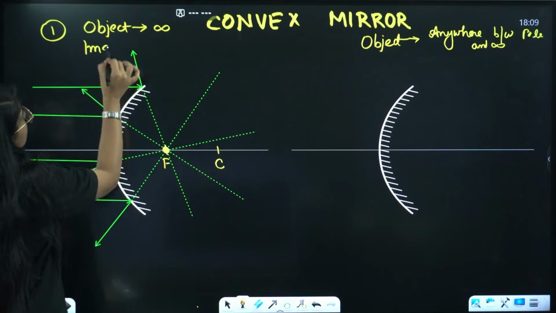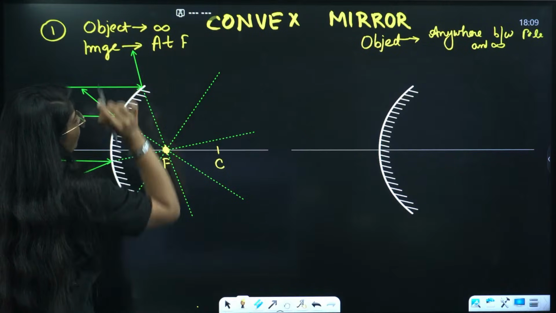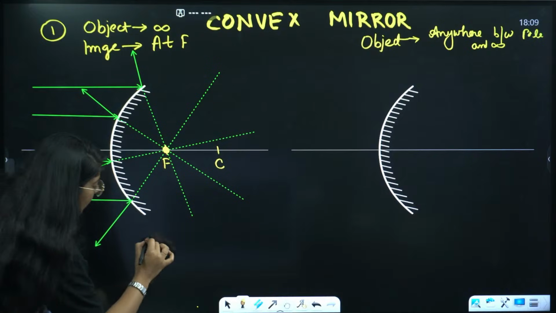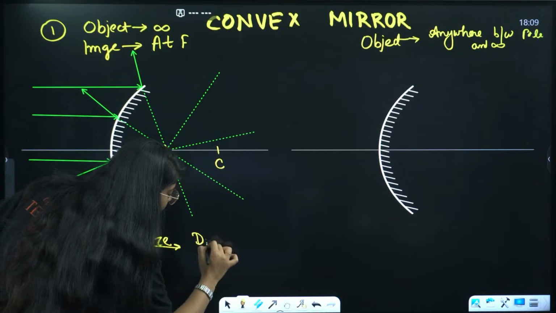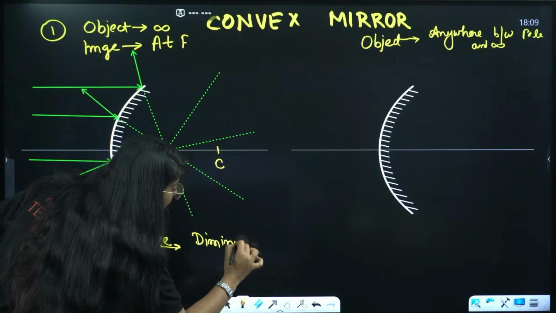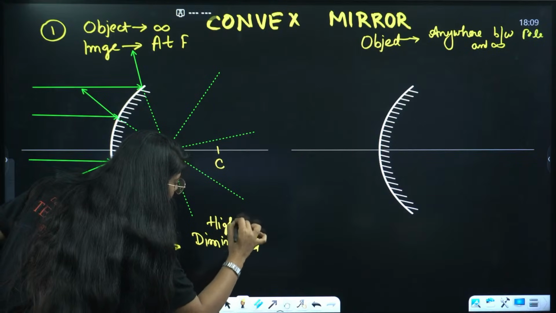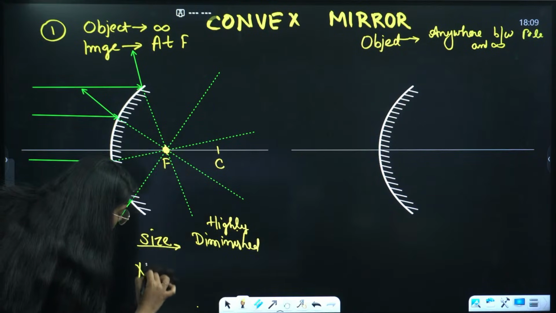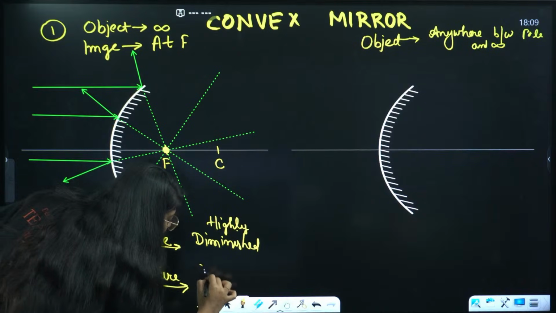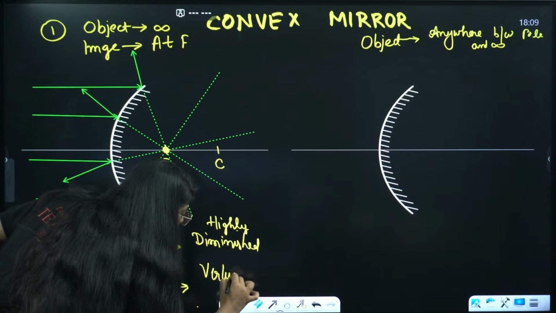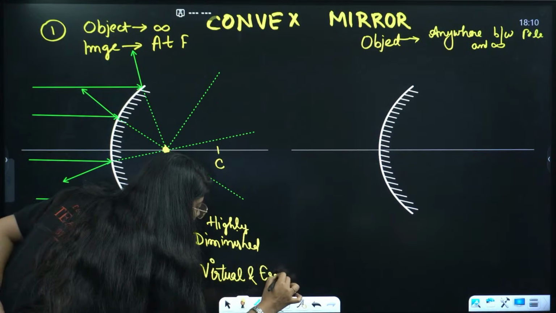So the image is formed at focus, and in a convex mirror we know the size at focus is highly diminished, and the nature of the image is virtual and erect.